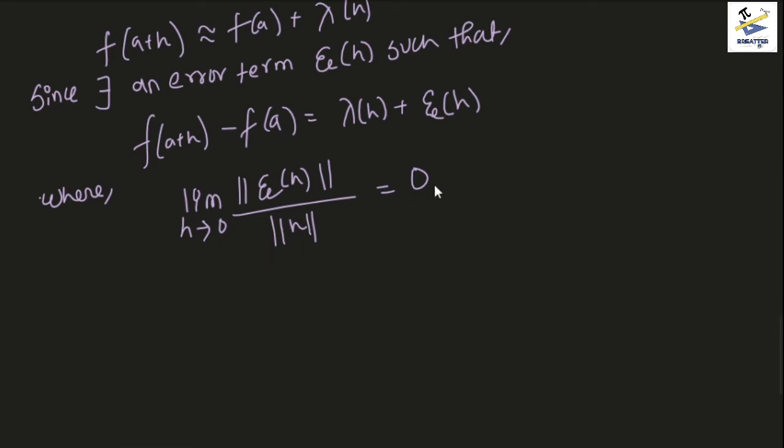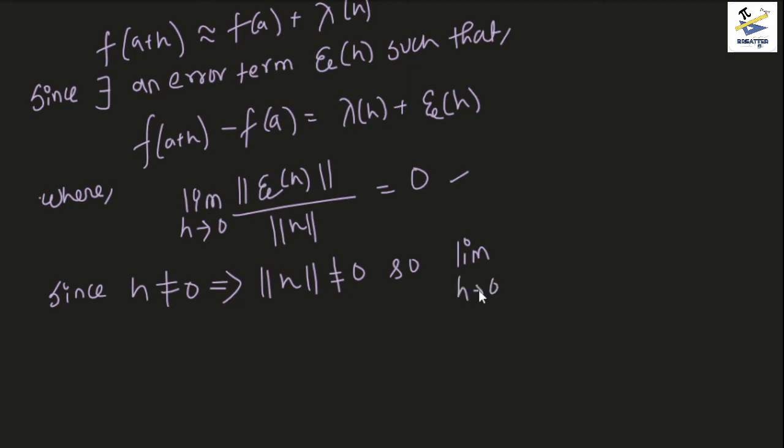Now from this limit it is pretty much clear that, since now this is a conclusion that we can make, obviously, and this conclusion gives us a way to frame that the error term goes to 0, the norm of the error term goes to 0, right?